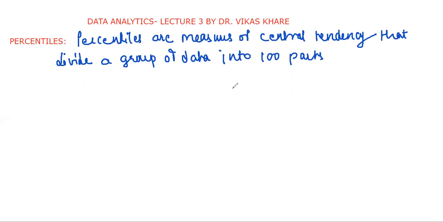In lecture 2, we already discussed the concept of central tendency in terms of mean, mode and median. Now we will discuss the concept of percentile in the field of data analytics and what is the significance of percentiles in the field of data analytics. For example, there is a 98th percentile.